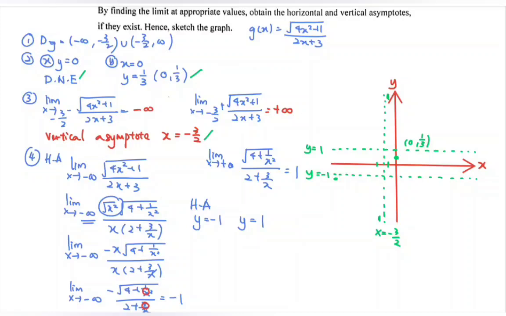If we substitute x equal to 50, then the value of y would be less than 1. So the graph will be something like this. So that is the graph for g(x), and here we have the y-intercept, horizontal asymptotes, and also the vertical asymptote.